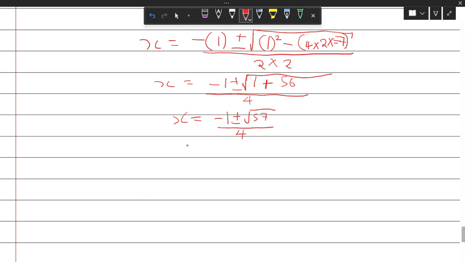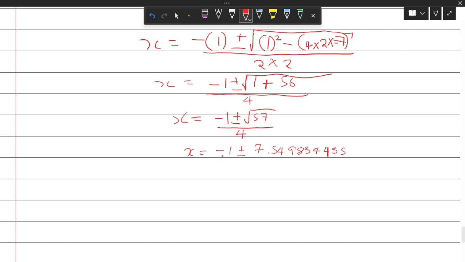So you continue solving. Now we take the square root of 57. So x equals -1 plus or minus the square root of 57, which gives us 7.54983445.